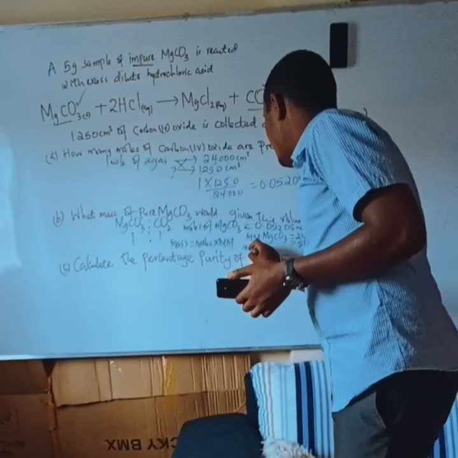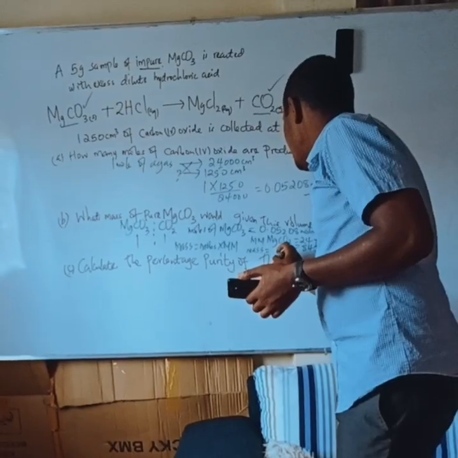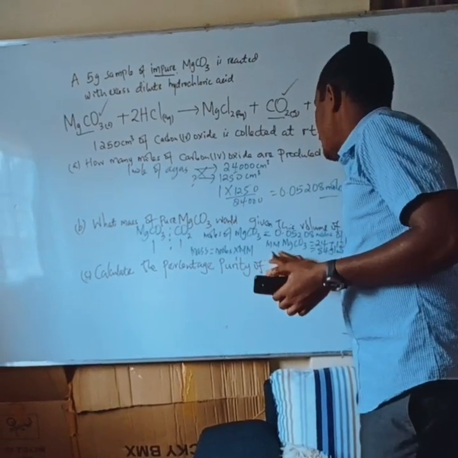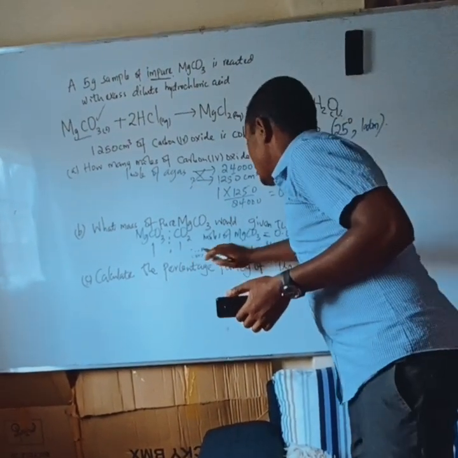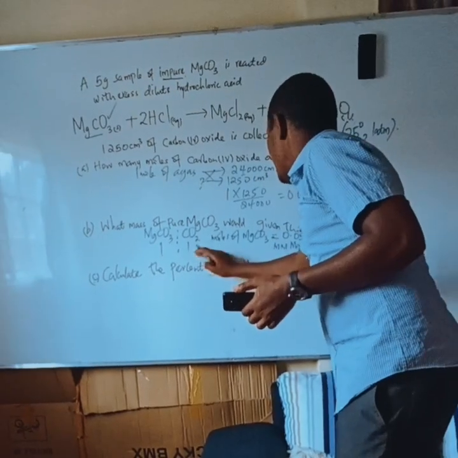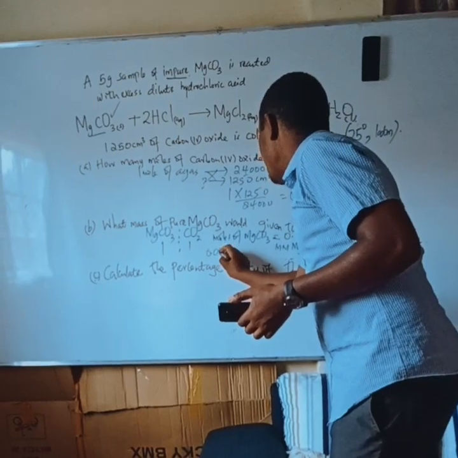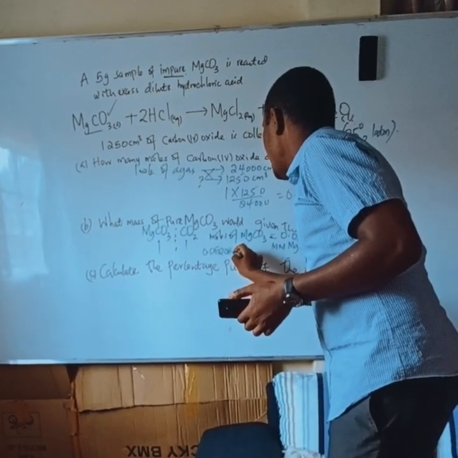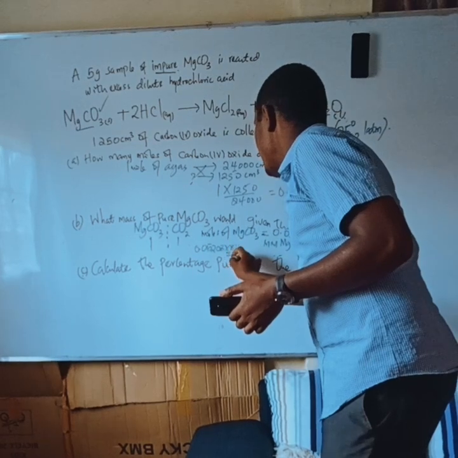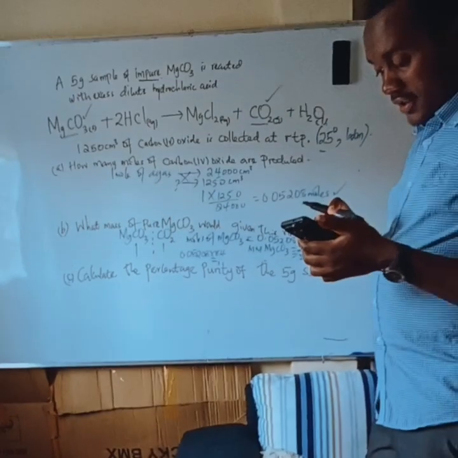Calculating the mass now, because we had moles, mass is moles times molar mass. Therefore, it will be 0.05208 times 84. What is the mass that you will get?